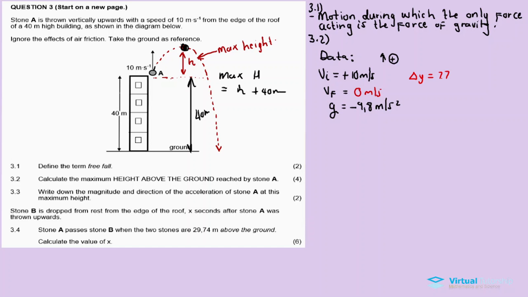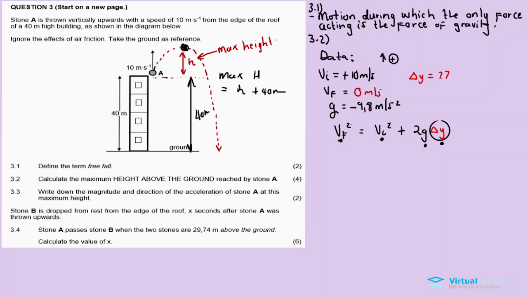From our equations of motion, I choose the one with final velocity, initial velocity, gravitational acceleration and delta y, which is the unknown. The other three must be known.